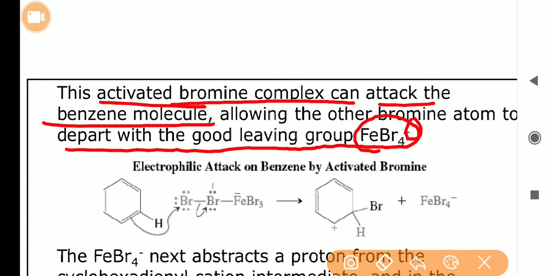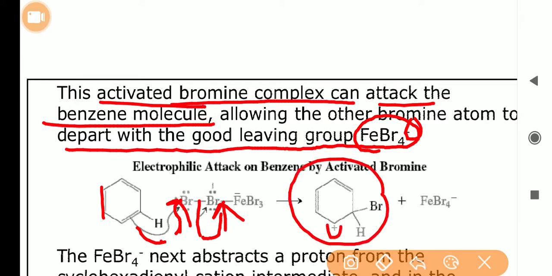The double bond attacks this bromine, and this bond breaks to this side. Then the positive charge forms over here, and the FeBr4 minus is removed from the compound.